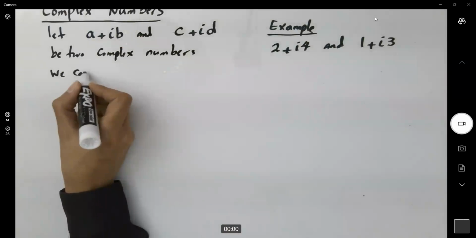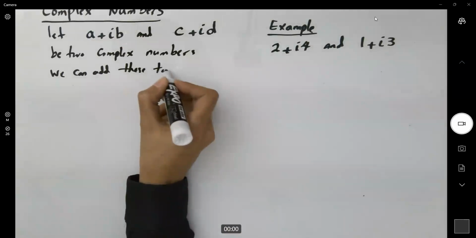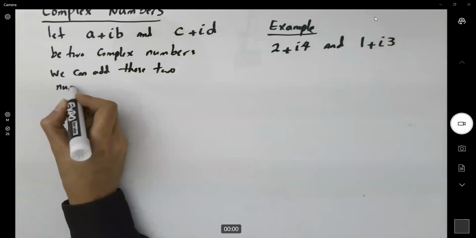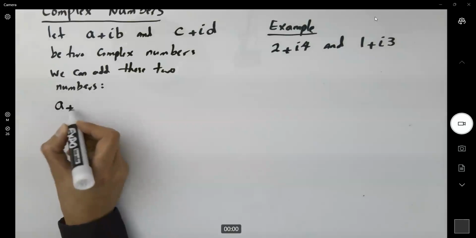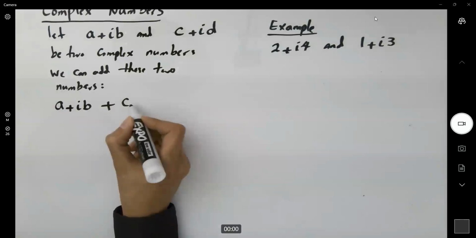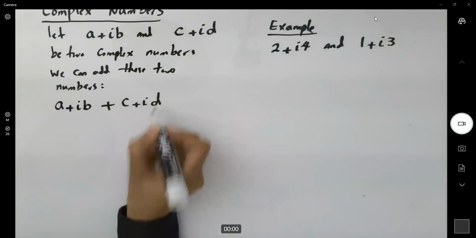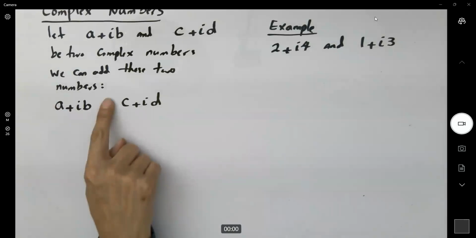We can add these two numbers. So I'm going to take A plus I B and add it to C plus I D. The operation in between is addition.